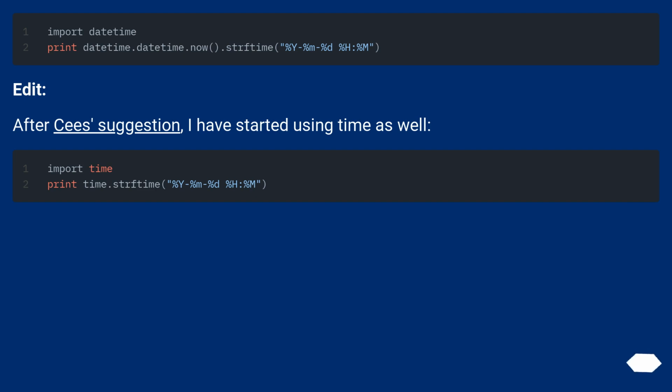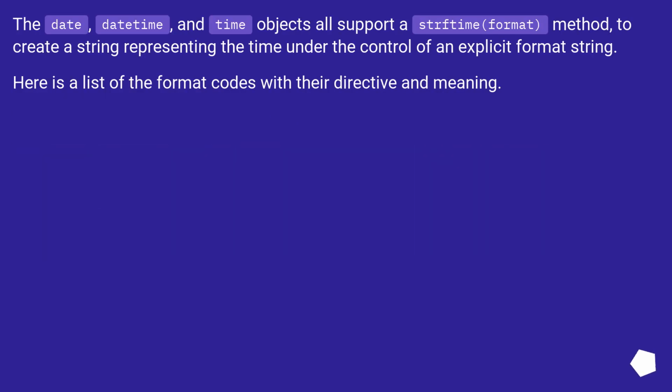Edit. After C's suggestion, I have started using time as well. The date, datetime, and time objects all support a strftime method to create a string representing the time under the control of an explicit format string. Here is a list of the format codes with their directive and meaning.